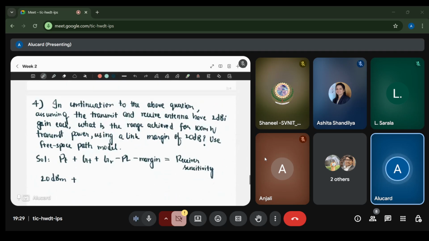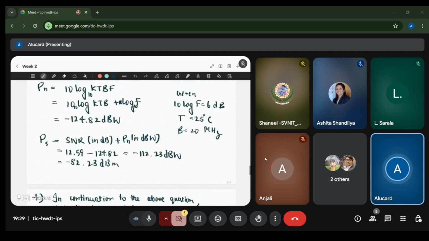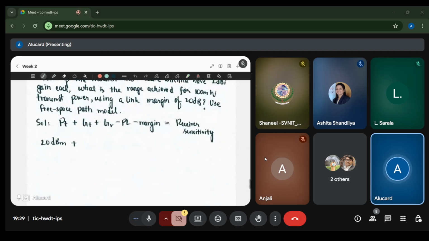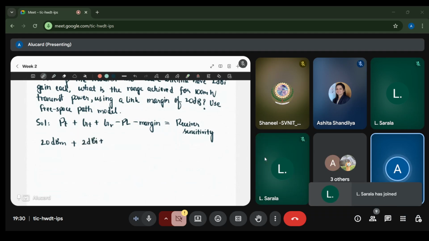So since receiver sensitivity we had in terms of dBm, we'll just keep it that way and write PT also in dBm. So that's 10 log 100. Log 100 is 2, so it's 20 dBm. Both the transmitter and receiver gains were 2 dB.